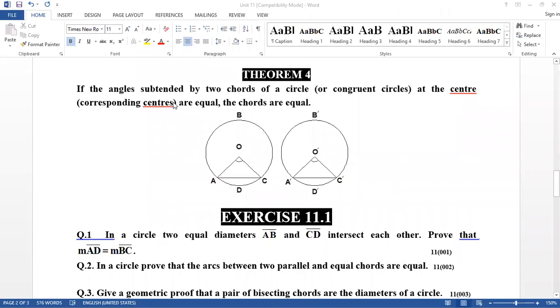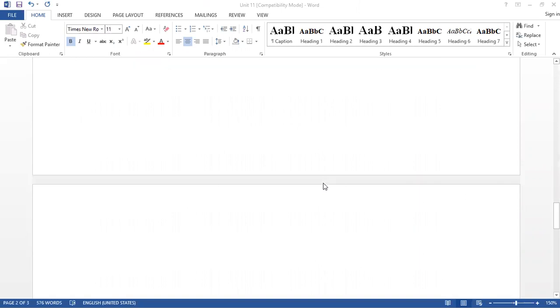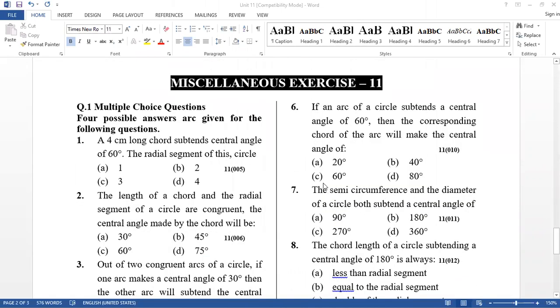If angles subtended by two chords of a circle at the center are equal, the theorem statement is about central angles. If central angles are equal in two equal circles, then the corresponding chords are also equal, as I explained earlier.